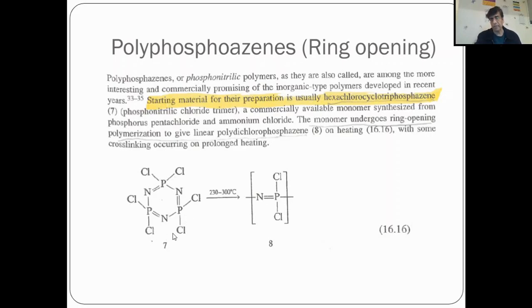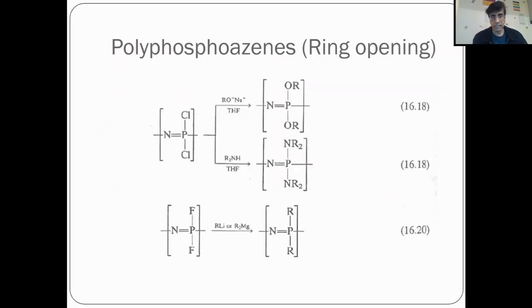The reason is that we cannot do it this way, because when we have those substitutions mentioned in the other slide, this monomer becomes very stable and will not undergo ring-opening polymerization, and we cannot get the product. That is the reason we have to first make the polymer and then stabilize it. That is why we cannot do the direct polymerization of the substituted monomer.